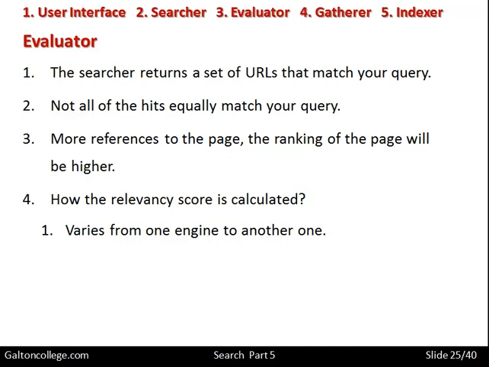But generally speaking, the sites that come back should be relevant to the query. And the more relevant they are, the higher the score, the better they are. So it could be the number of times a word appears or a particular phrase appears. Now that may be a way in which the sites are ranked.